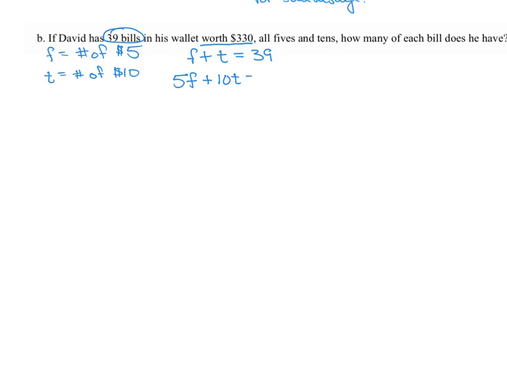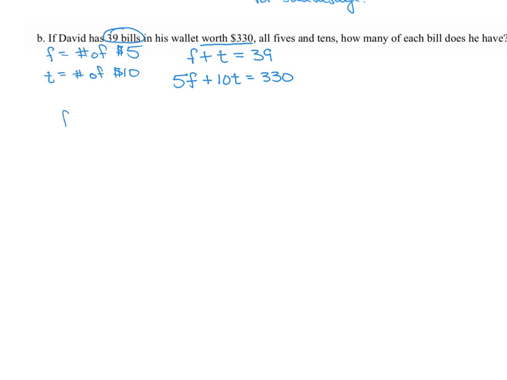And if we add that together, we will get the total amount that we have available, which is $330. Okay, so this is set up for substitution or elimination method. Again, it's up to you what you want to do.